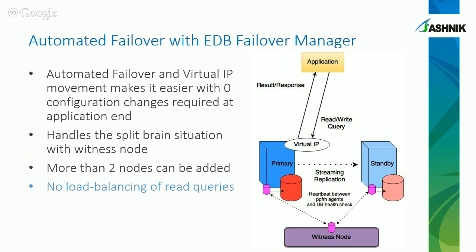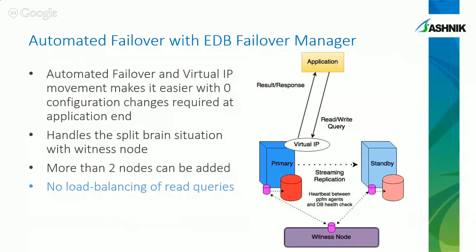You can also use a virtual IP. So it has an optional virtual IP concept. So your application always connects to this virtual IP. And if your primary server goes down, standby server will get promoted and the virtual IP will move to the standby server.